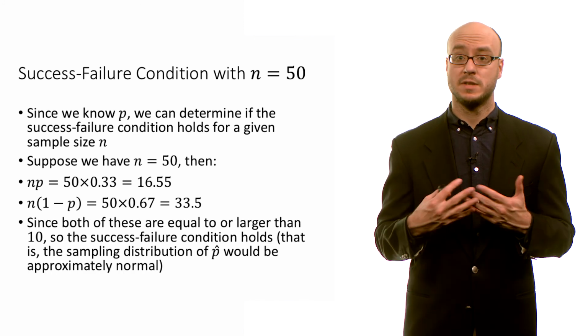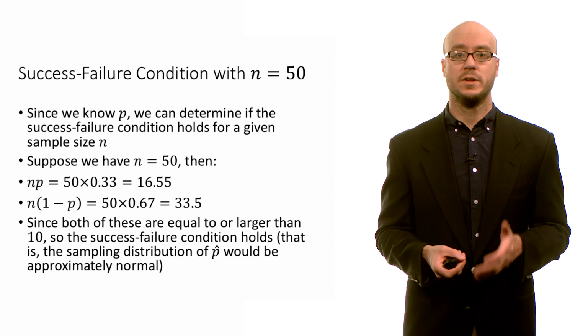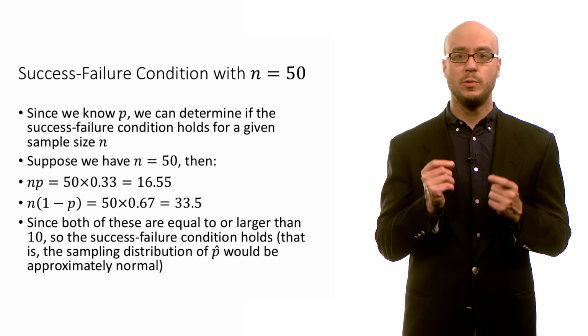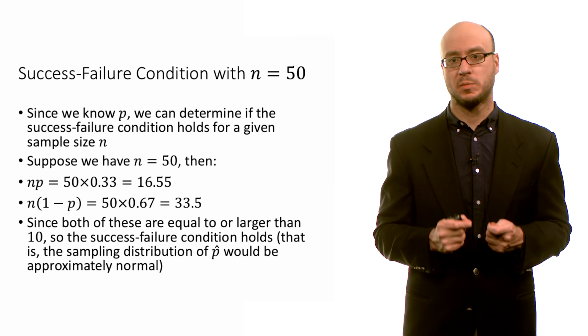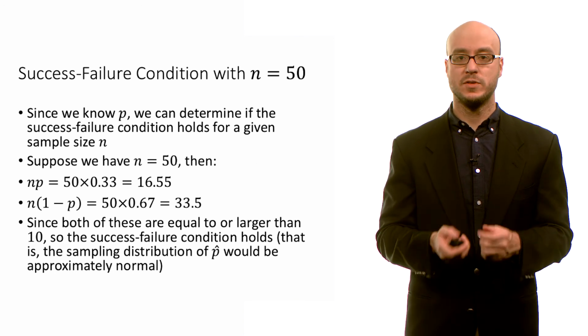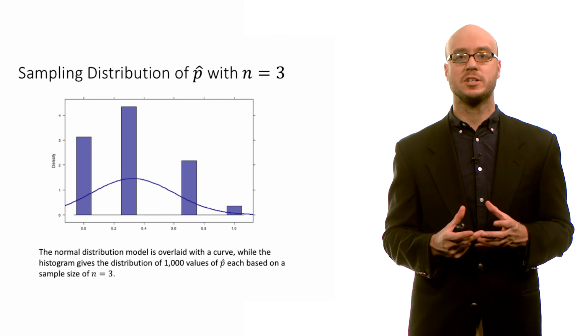Both of those values are greater than 10. The expected number of successes and the expected number of failures are both greater than 10. So we would expect p hat, the sample proportion, to be approximately normal for this particular sample size and this particular population proportion. So let's examine these distributions.